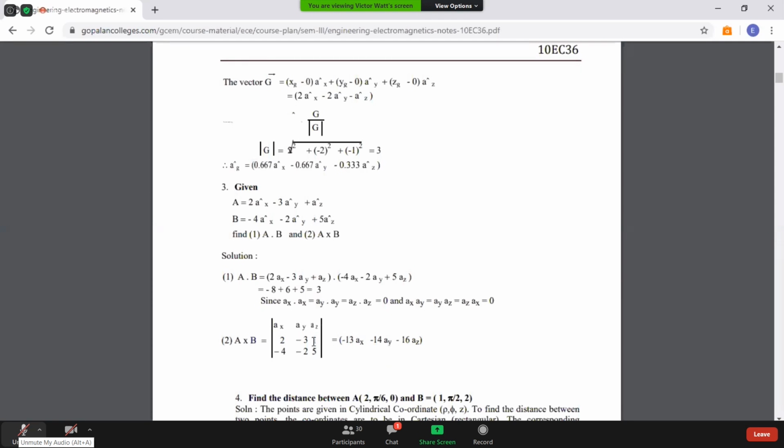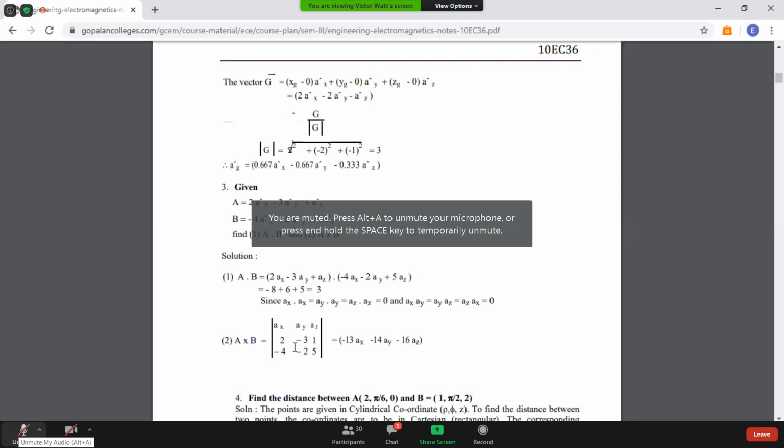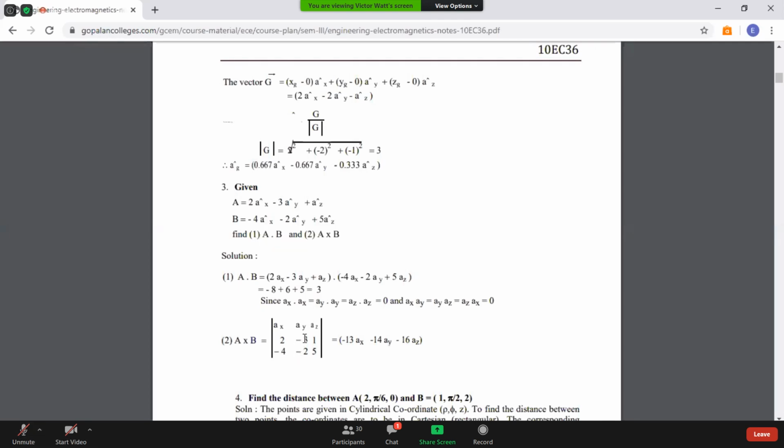And for AZ now, you take out this. It would be 2 times minus 2, which is minus 4, minus minus 4 times minus 3, that would be minus 12. Everybody get it? Yes, sir.